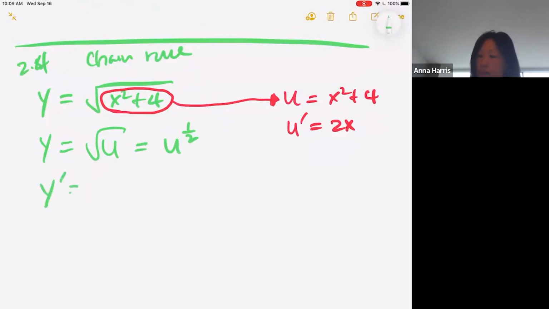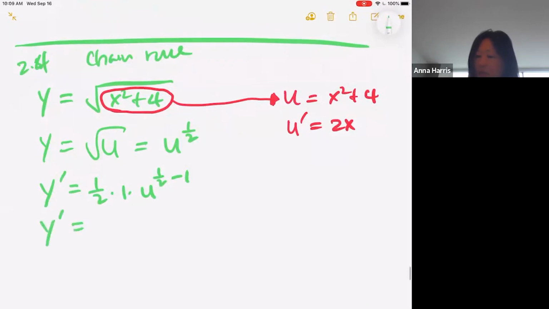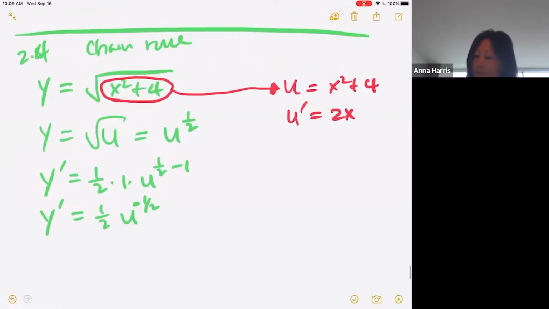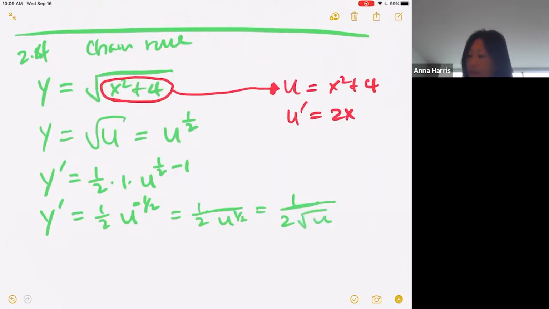So y prime is equal to 1/2 times u to the 1/2 minus 1, which gives me y prime equal to 1/2 u to the negative 1/2. Since it's a negative, I need to put that into the denominator. Which is the same as 2 times the square root of u. That's what I have.